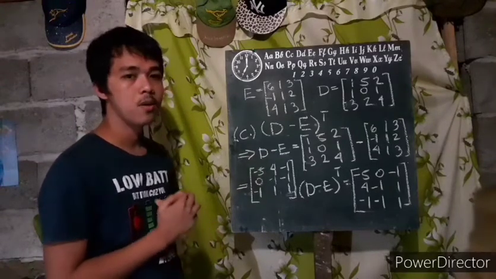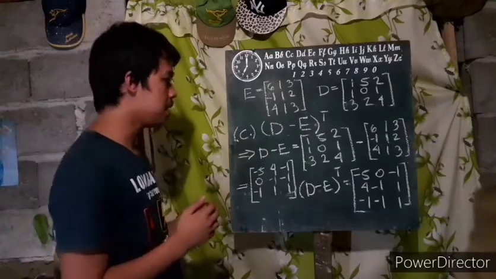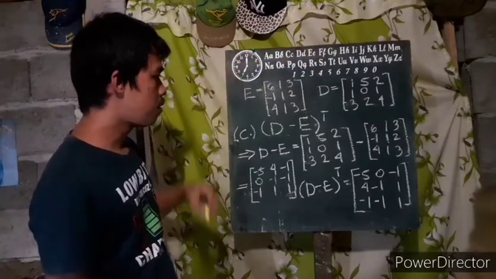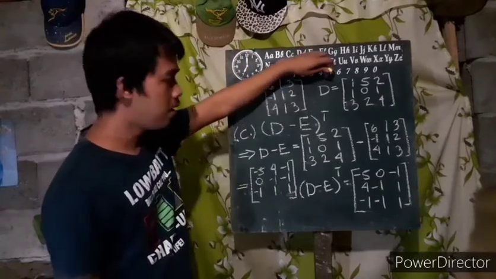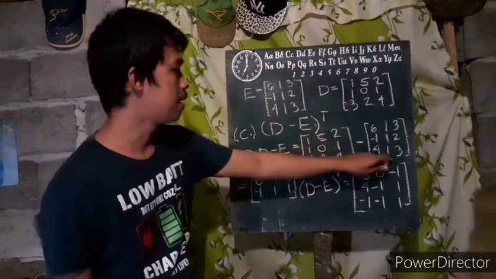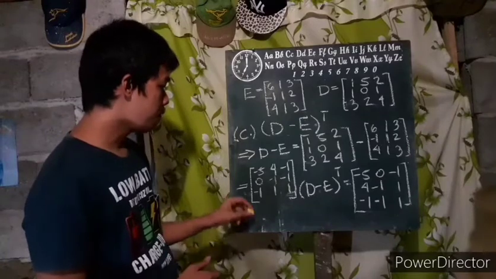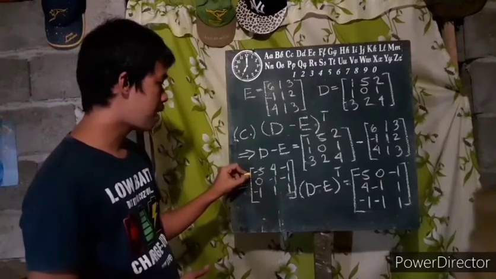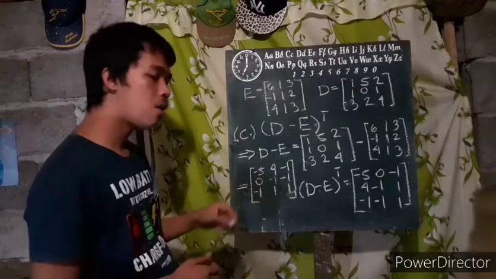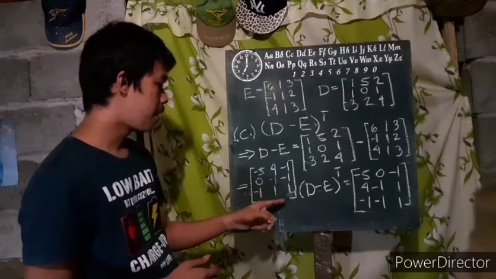So first we need to find D minus E. So we have a matrix D here and E. So just copy the matrix D, then subtract E. So we can come up with the result of this matrix, having the elements -5, 4, -1, 0, -1, -1, -1, 1, and 1.